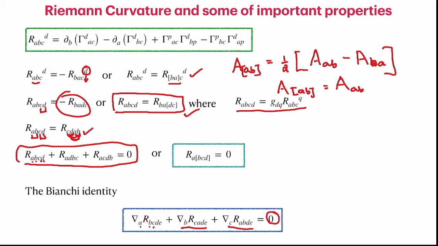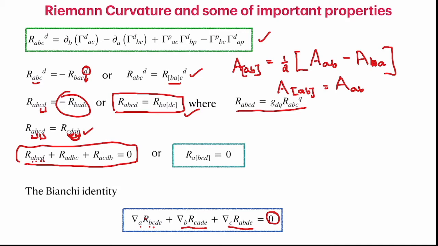Now it is easy to show this identity. However, it involves very long algebra, because of the long expression for the Riemann tensor, and it can be shown explicitly by substituting this. However, there are easier methods. One can use the anti-symmetry property of the covariant derivative to write the Riemann tensor, and then you differentiate that again, and then you can show that it is going to be 0.